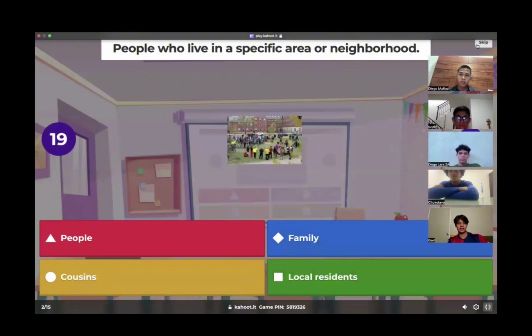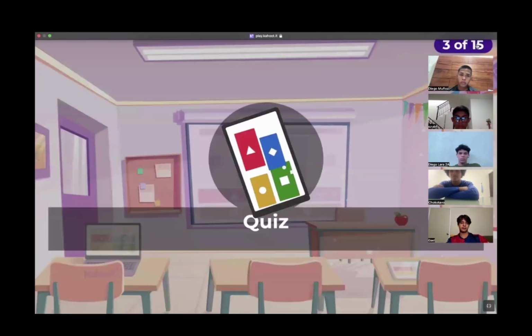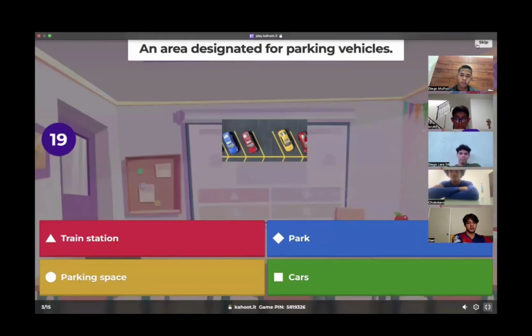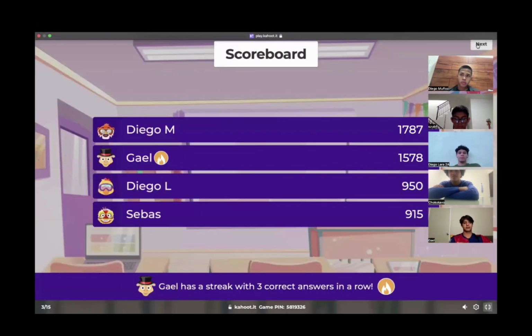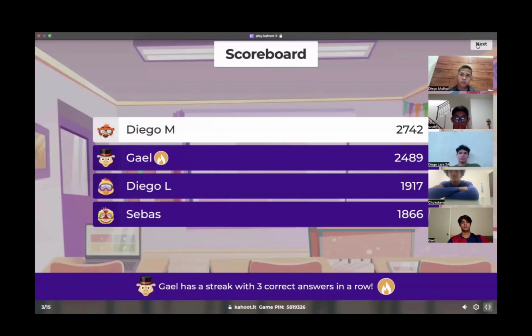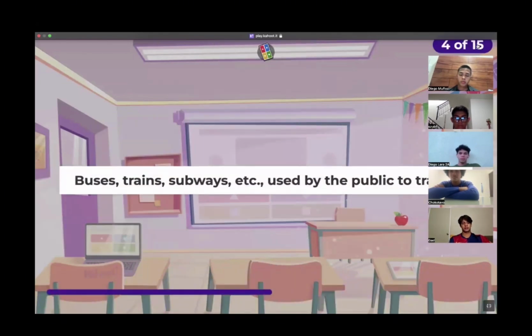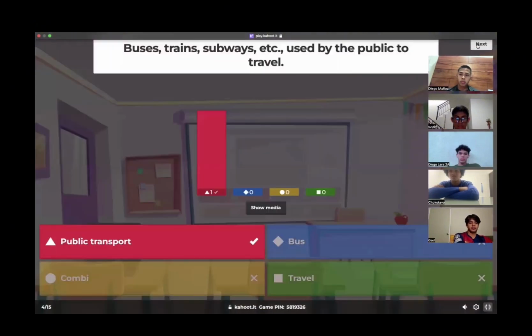People who live in a specific area or neighborhood. An area designated for parking vehicles. Buses, trains, subways, etc., used by the public to travel.